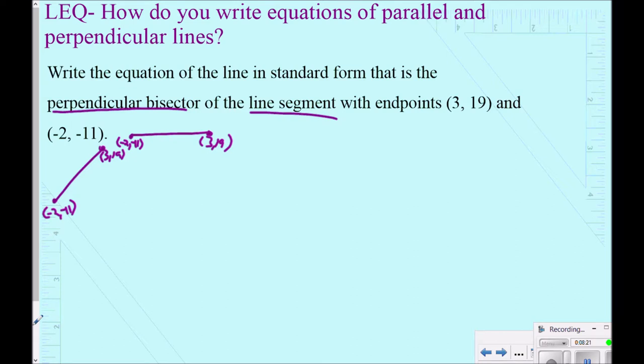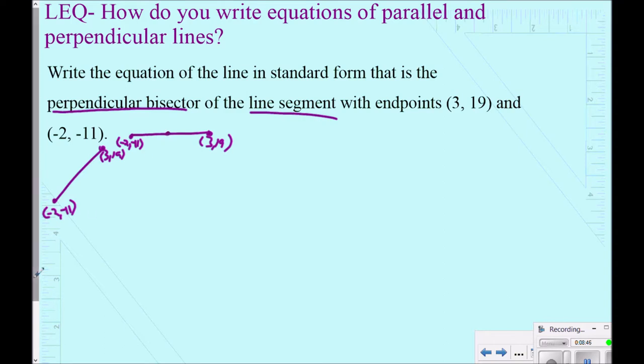Okay, that midpoint should sound familiar, meaning the middle of this line segment is called the midpoint. If we have a line that's going through that midpoint, that would be bisecting the segment. So if this line is both perpendicular and going through the midpoint, then that's the line that we're looking for. So I'm going to try and draw that. I'm looking to about the center here.